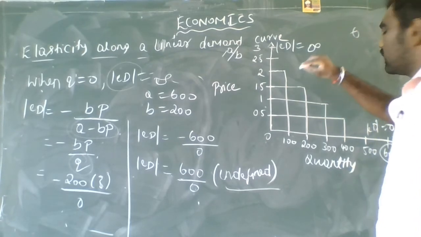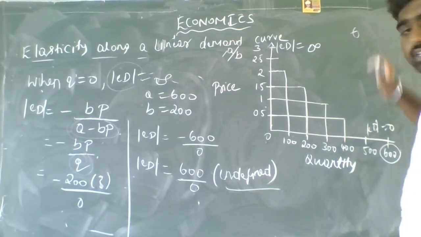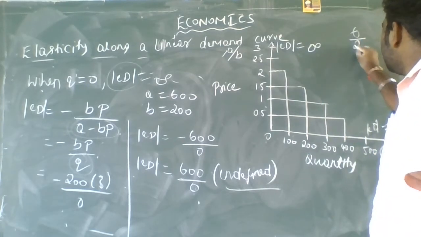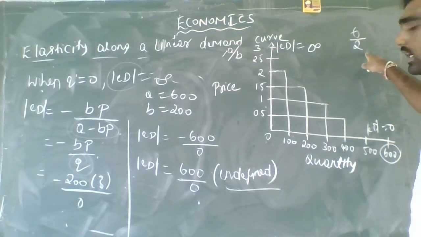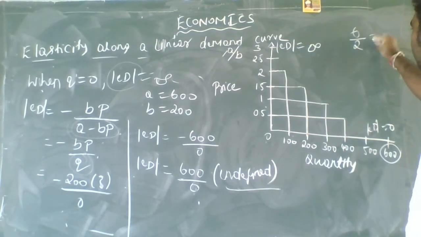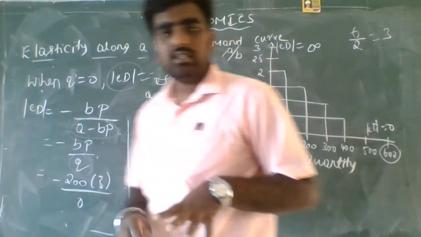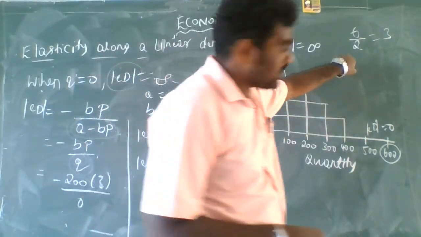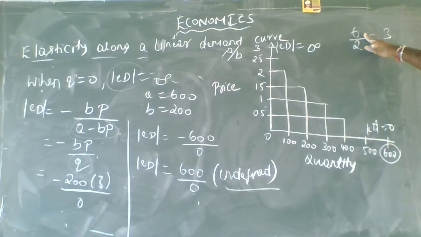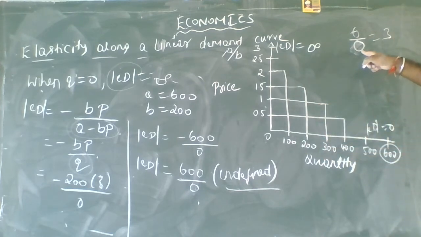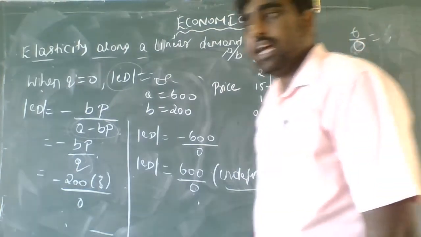If there are 6 chocolates and I want to distribute them to 2 students, I will do 6 divided by 2, so both will get 3 chocolates. But if it was 6 divided by 0, I can't divide it to anyone. So it is called undefined.